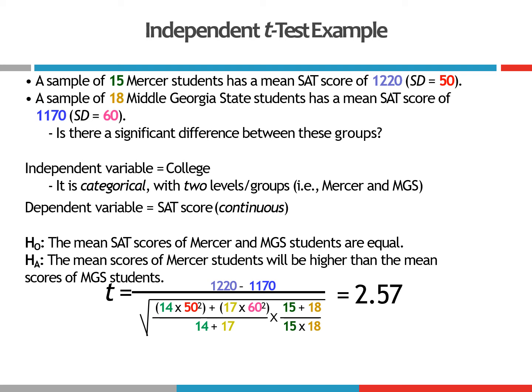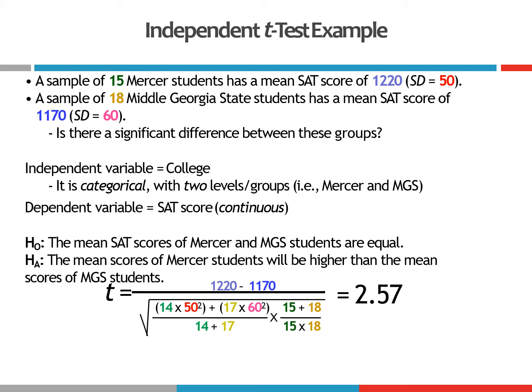All right, so let's suppose we have a sample of 15 Mercer students and their average SAT score is 1220 and the standard deviation is 50. And we also have a sample of MGS students with a mean SAT score of 1170 and a standard deviation of 60.